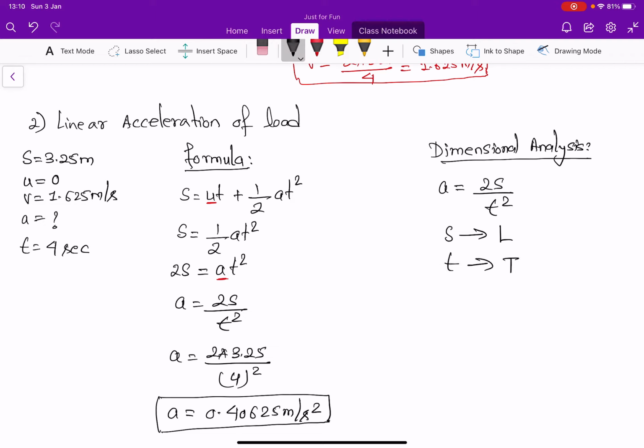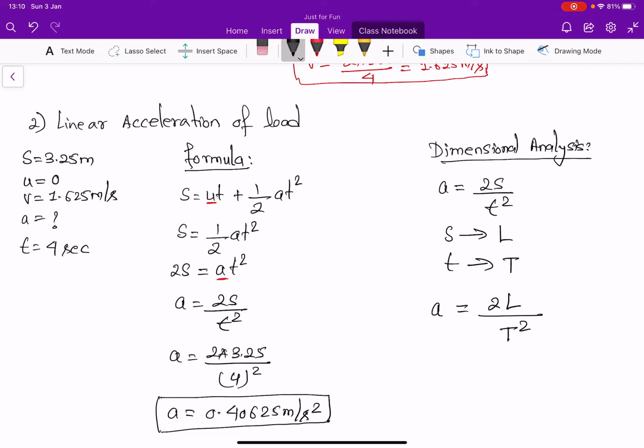So acceleration equals 2L divided by T squared. And it makes sense as well, because if you check the unit of acceleration, we get meters per second squared, so it satisfies that unit.